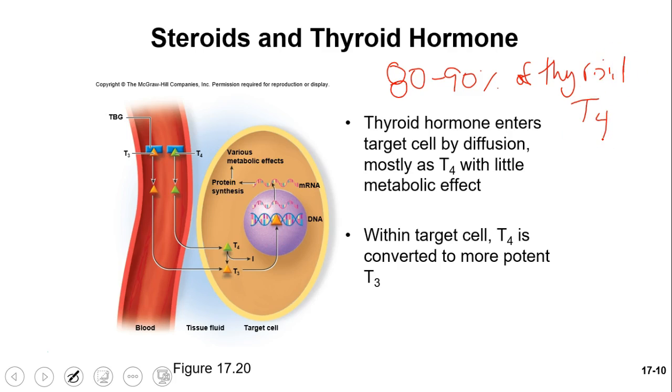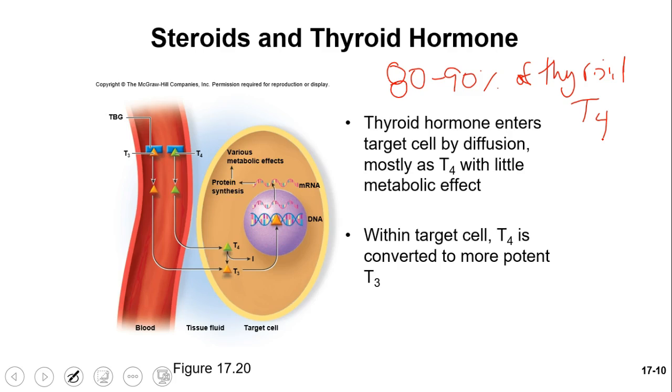However, that's the less biologically active. So what happens is T3 and T4, when they diffuse into a cell, the T4 actually gets metabolized to T3, and then it's actually T3 that has the effect.